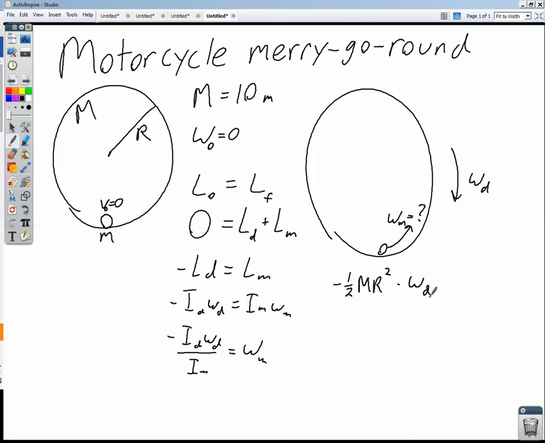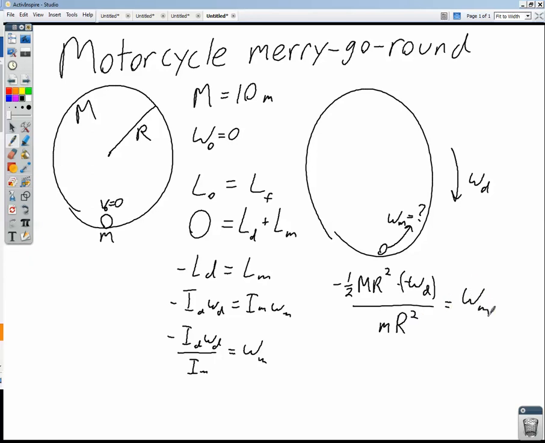And it does look like here omega of the disk is going in the negative direction, so let's just go ahead and put a negative in there, divided by I for the motorcycle, point mass, so it's going to be little m times r squared, and that's going to equal omega of the motorcycle.